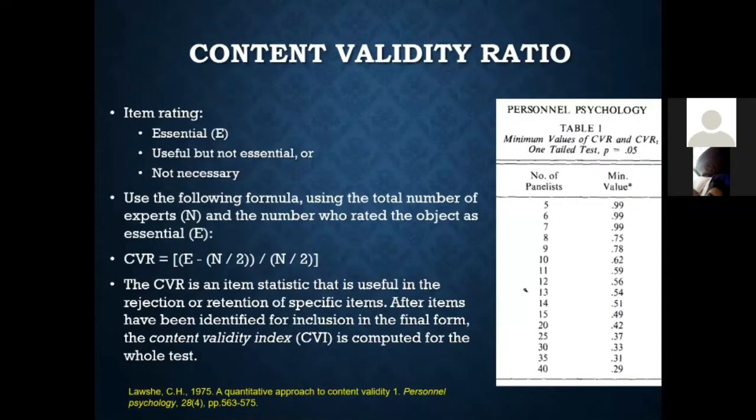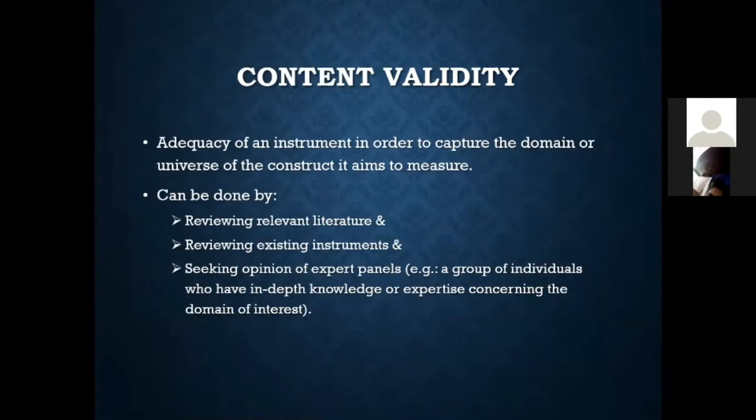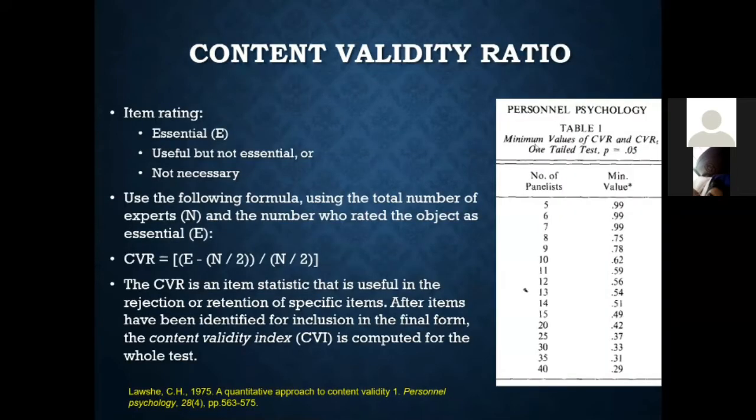Okay, so there are many ways to quantify content validity. The first one is using the content validity ratio. Okay, so the content validity ratio is about giving all the questions or items of your questionnaire a specific rating, such as essential, useful but not essential, and not necessary.